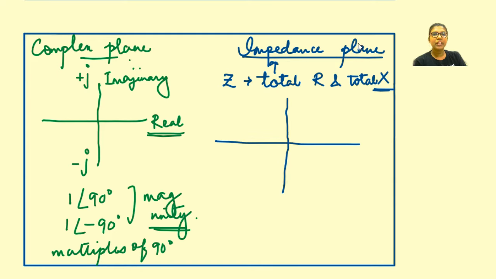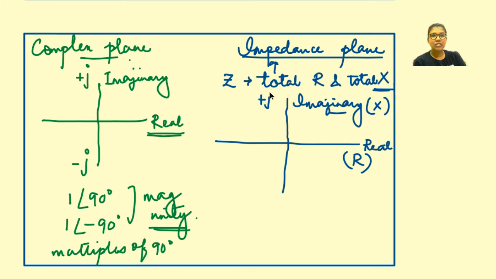The impedance plane is similar to that of the complex plane, with the x-axis represented by the real values, and those real values are represented by R. And similarly, the y-axis is an imaginary axis which is represented by the reactances.